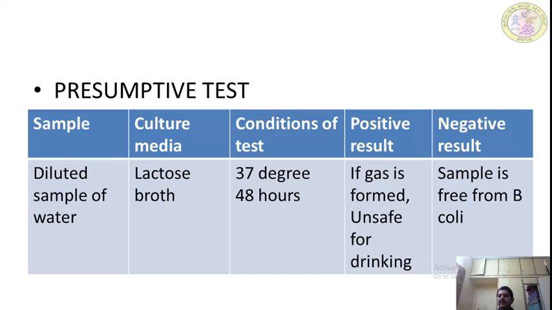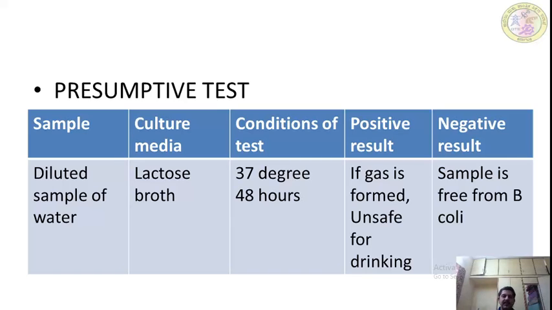So what do we have to do? We are getting a positive result, so bacteria are present, and we go for the second test. If a negative result comes, what happens? The sample is free from E. coli, so no bacteria are present in the sample and it is safe. So that is the presumptive test.